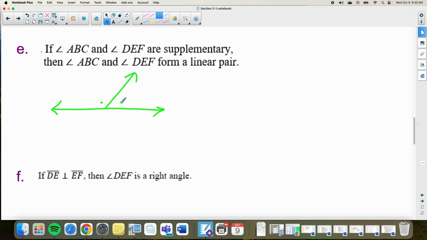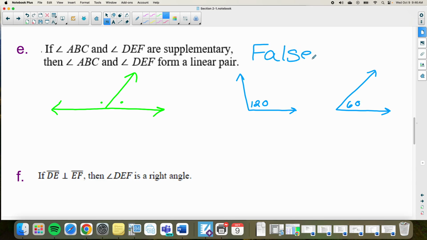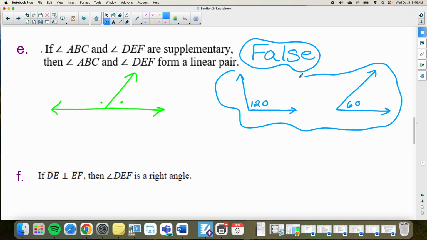But do you think all angles that add up to 180 have to be right next to each other? No, they don't. So you could have something that looks like this, where maybe this one's 120, and then over here you have one that is 60. They're still supplementary, but they're not together, so they're not a linear pair. So I write false, and this would be my counterexample.